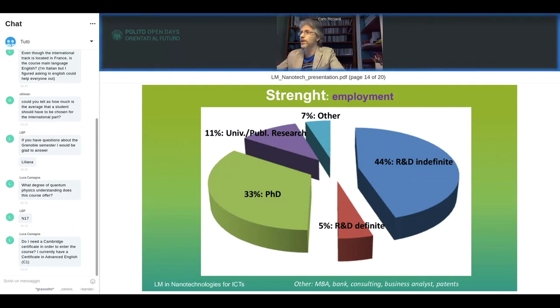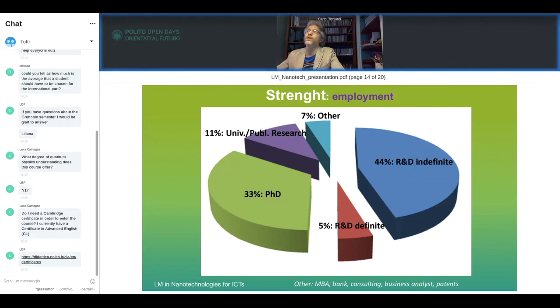So we're saying about the employment, that is pretty high. You can see the AlmaLaurea data from Polito and from this course that are about, I think, 90% of employment within the first year. So I mean, really high.